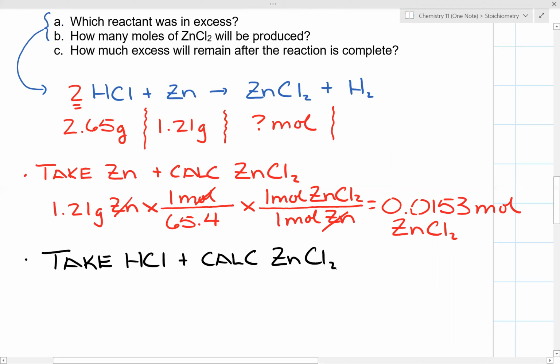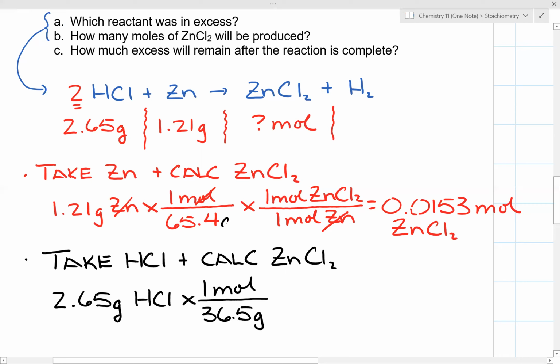So here would be 2.65 grams of HCl times, again, you change it to moles, 1 mole over 36.5 grams, and you multiply it by 1 zinc chloride over 2 hydrochloric acid.